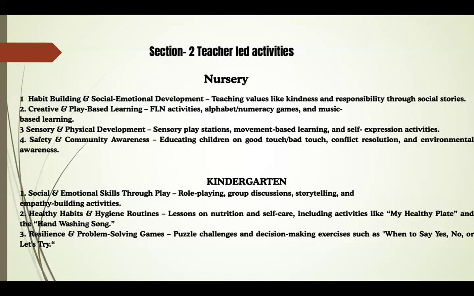And sensory and physical development: it is a sensory playstation, where gross motor skill works in kindergarten, like movement-based learning and self-expression activities. The fourth one is safety and community awareness. It is educating children on good touch and bad touch, conflict resolution, and environmental awareness. Here, I just want to tell you a point.